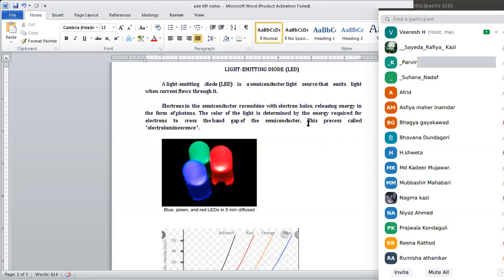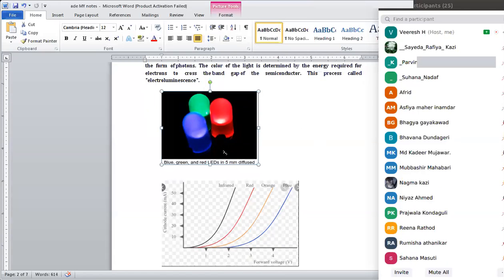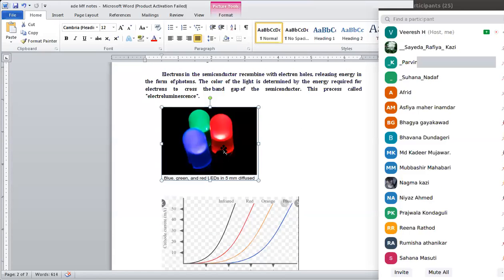This is called electroluminescence. So this is the LED image diagram.